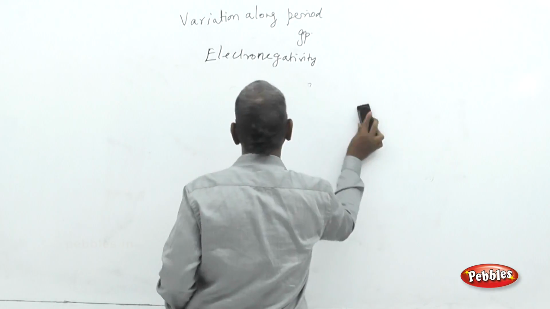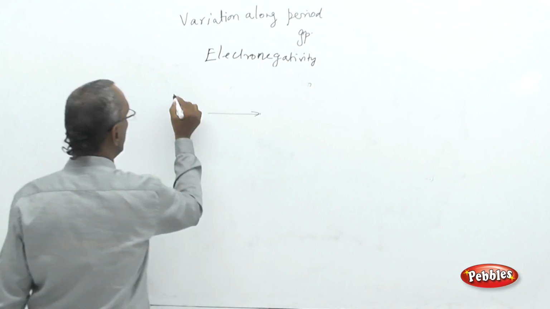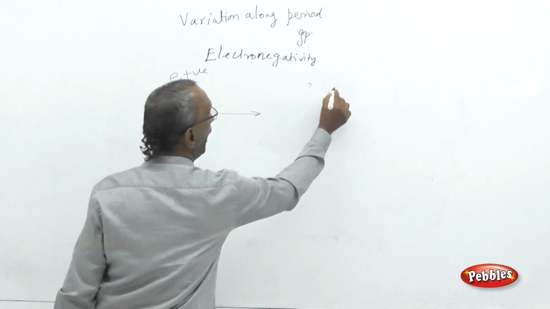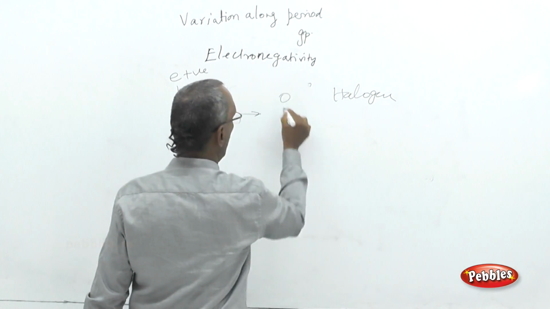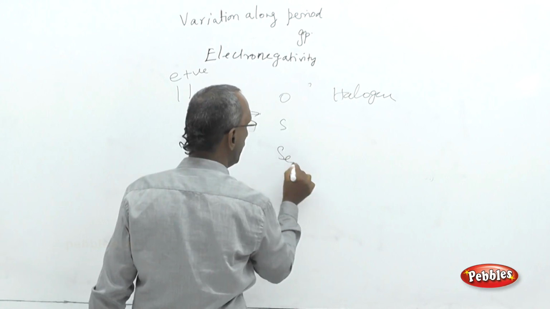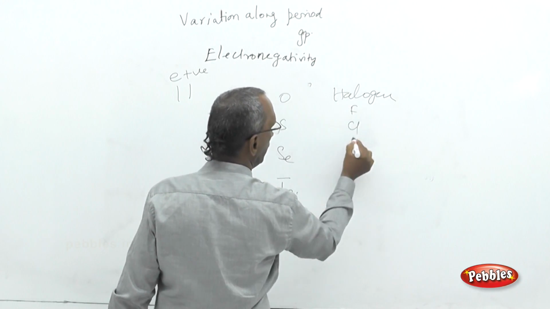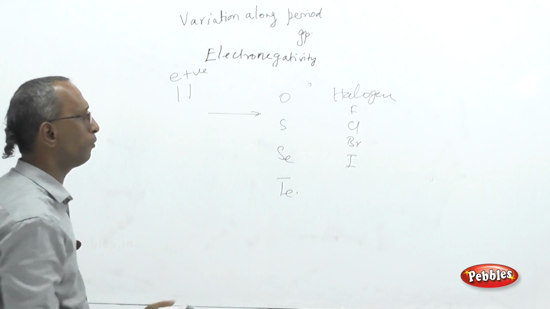So electronegativity is increasing from left to right. In other words, the first 2 group elements are called electropositive elements. Then the halogens and oxygen group elements: oxygen, sulfur, selenium, tellurium, fluorine, chlorine, bromine, iodine. All these form hydrogen compounds.